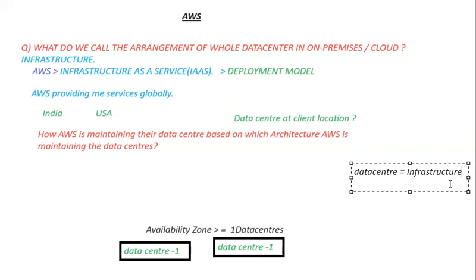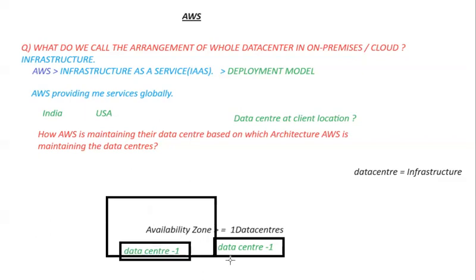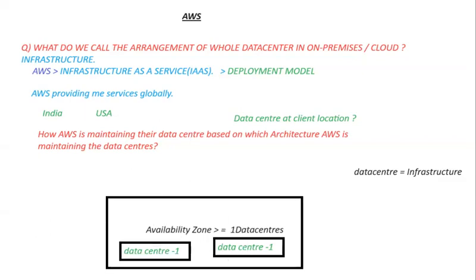So what is an availability zone? An availability zone is nothing but the place where data centers are present. Can I say it like this? Yeah. The place where data centers are present, we can call an availability zone. In a single availability zone, greater than or equal to one data centers are present.